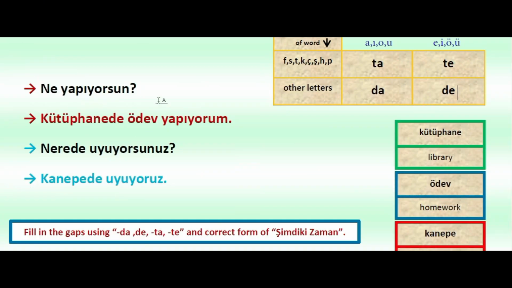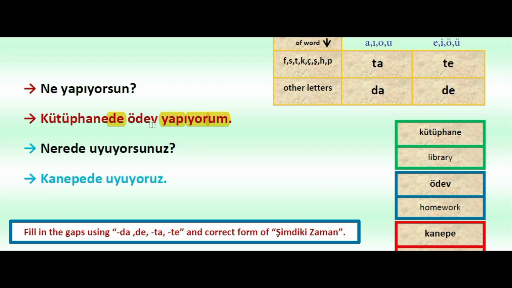Okay, let's see some sentences. For example, "Ne yapıyorsun?" means "What are you doing?" "Kütüphanede ödev yapıyorum." Yapmak is to do, so yapıyorum. As you see here, um is the person suffix for ben.